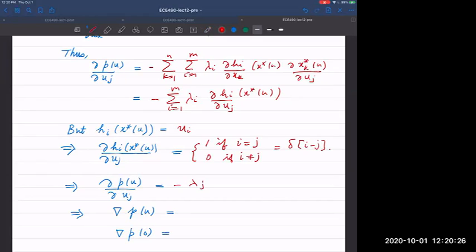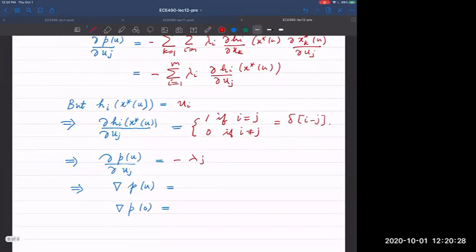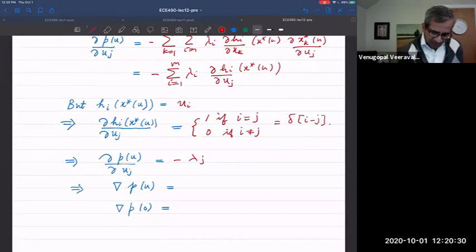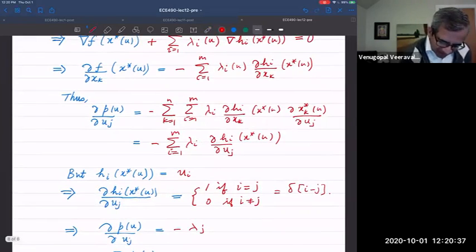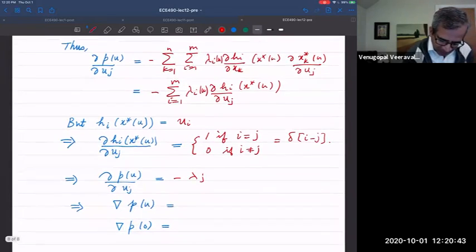Okay. But that is a function of u, right? I didn't write down the function there. I should have kept it as a function of u all along. We're going to set u equal to 0 in just a minute.